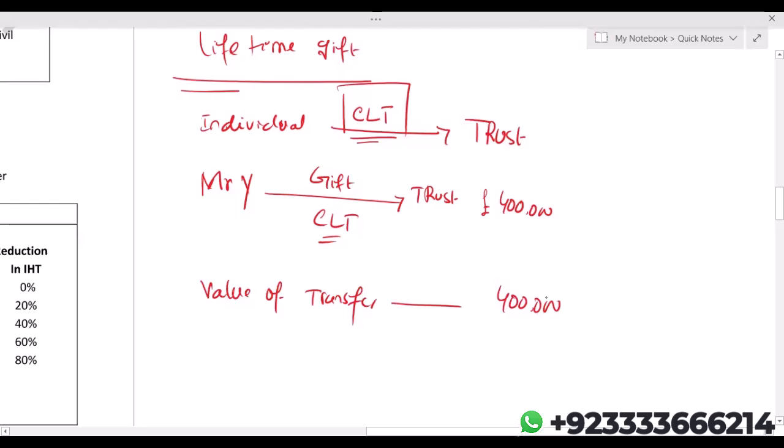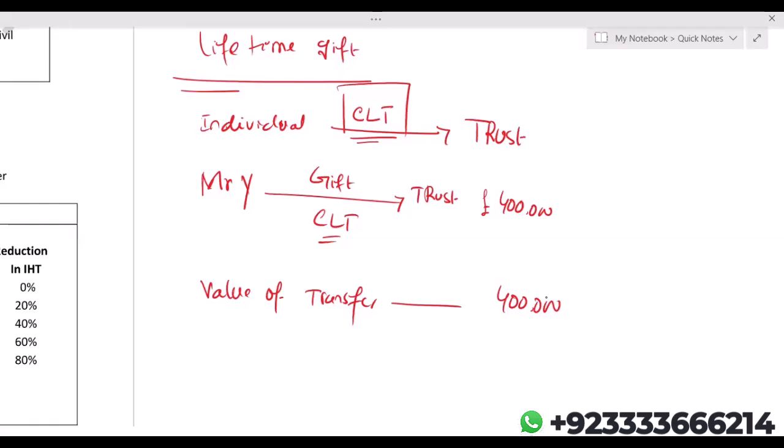If in the current year annual exempt amount is available, we'll deduct that first. Because always remember one point, you will always solve IHT questions as well as CGT questions in chronological order. Means, let's say you are solving a question and in the same tax year, the individual has given 3 to 4 gifts. So first of all, you have to deal with gift number 1, then 2, then 3, and then 4.